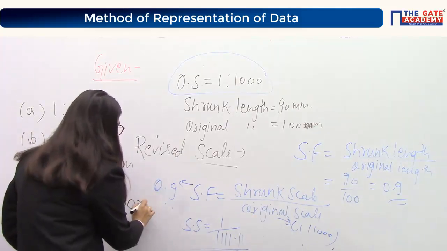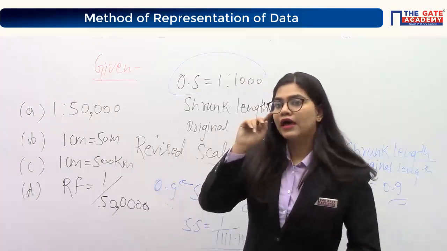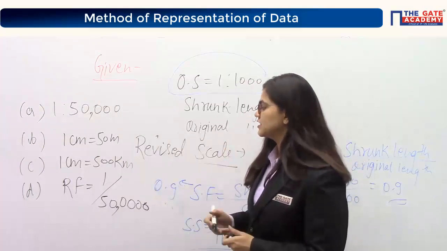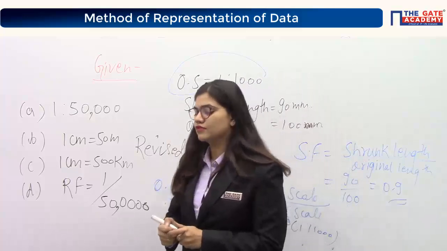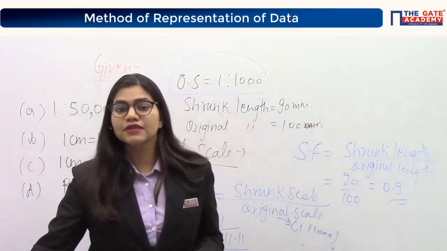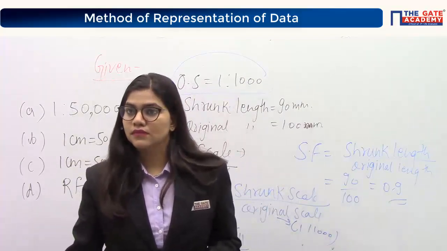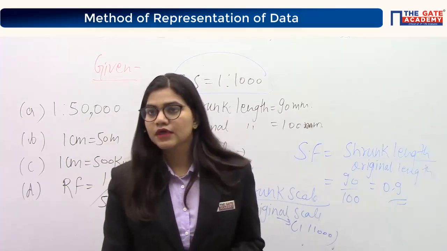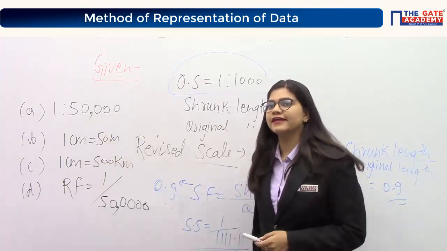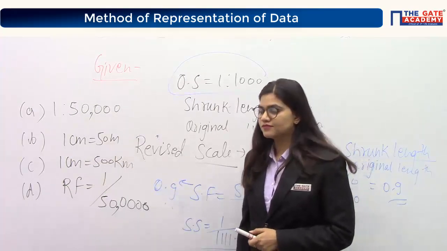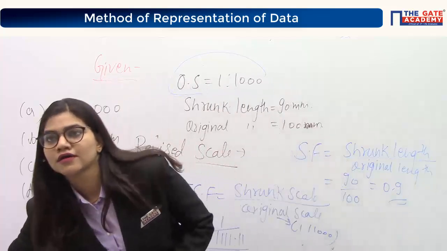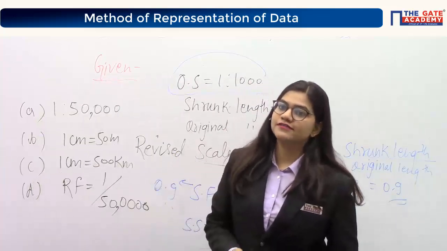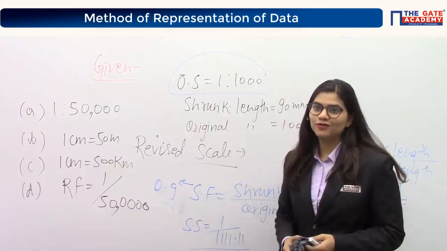Okay, so these are the options given to you, and he asks which scale is the largest one. You can check it and tell me the answer. Yes, option B is correct. Very good, everyone.